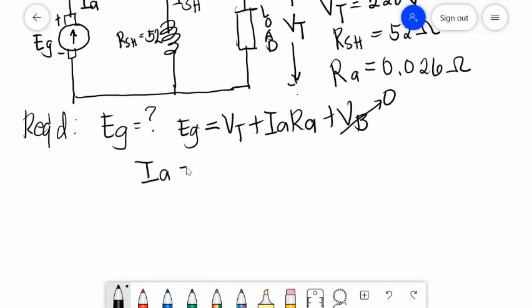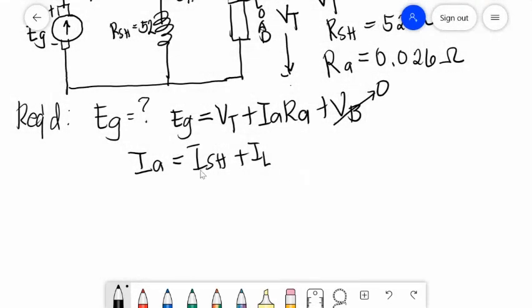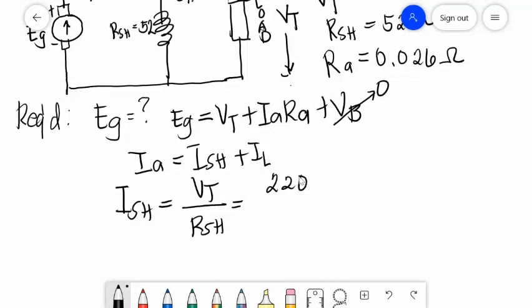So IA from this node, KCL, IA is equal to ISH plus IL. ISH is equal to Vt divided by RSH equal to 220 volts divided by 52. ISH is equal to 4.23 amperes.